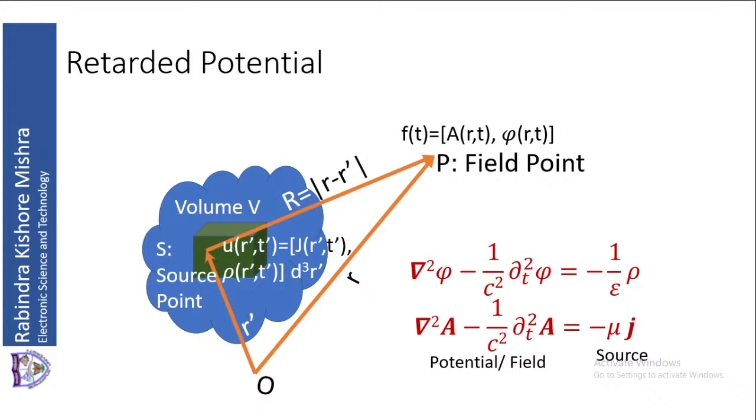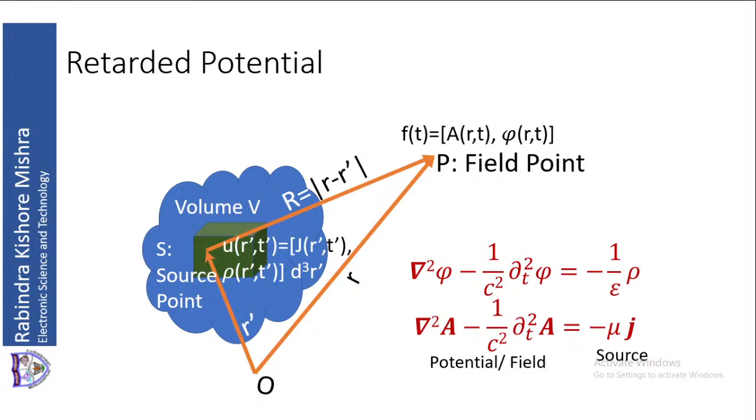So dx dy dz, or dr d theta d phi into sine square theta, in that form it will be there. So U of R dash, now look at this, the position vector is R dash, time let us say is T dash. Since position vector is R dash, time we will say T dash.